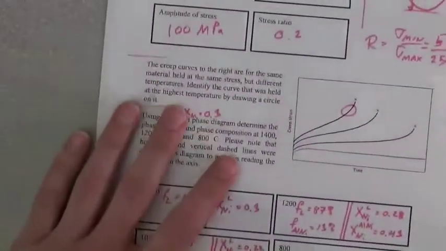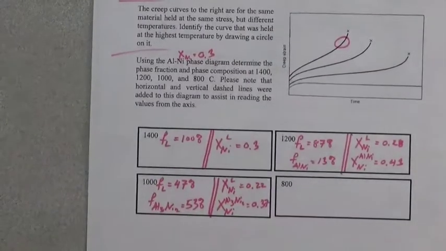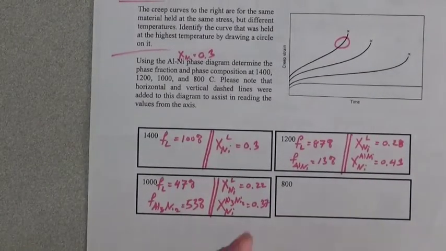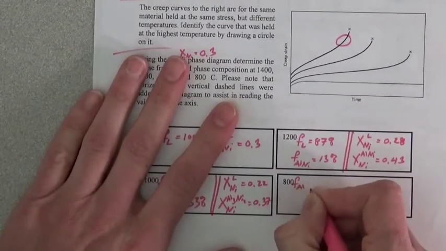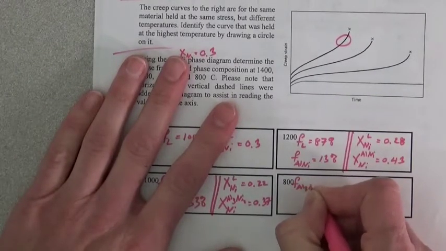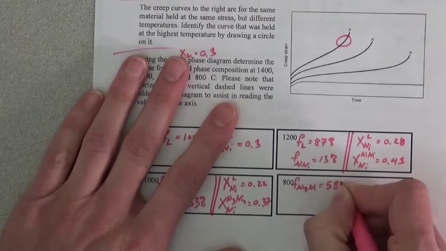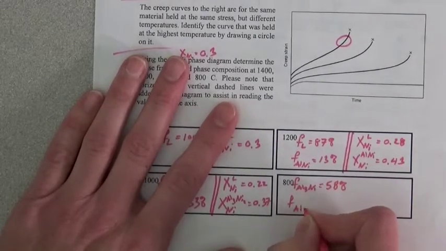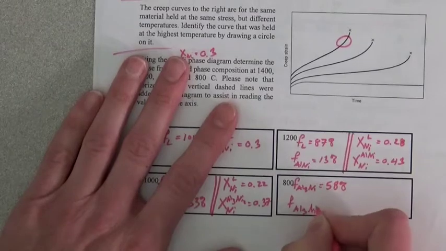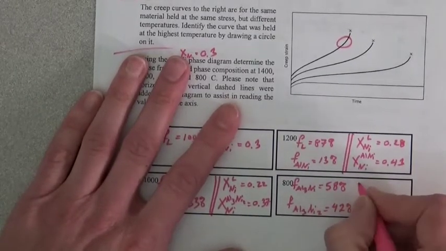So filling this in, the phase fraction of Al3Ni is equal to 58%. Phase fraction of Al3Ni2 is equal to 42%.